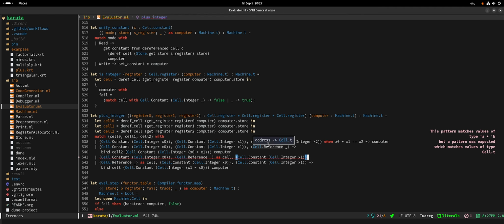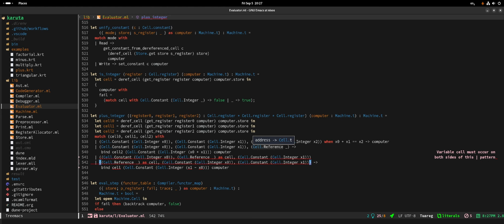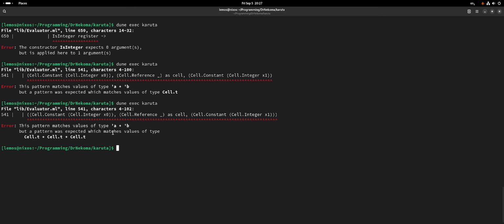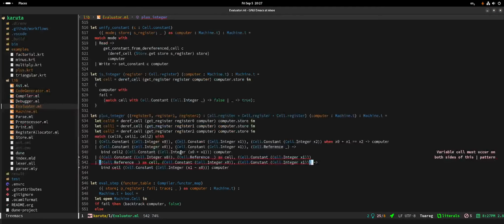I actually have no idea what this is mad about. Variable cell must occur. Yeah, there we go. Okay, now it's working. I don't know why that was. So you do need the parentheses. I thought you didn't need that every time, but apparently you do.